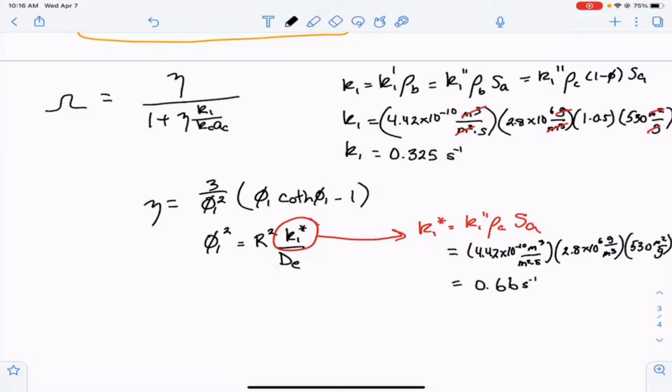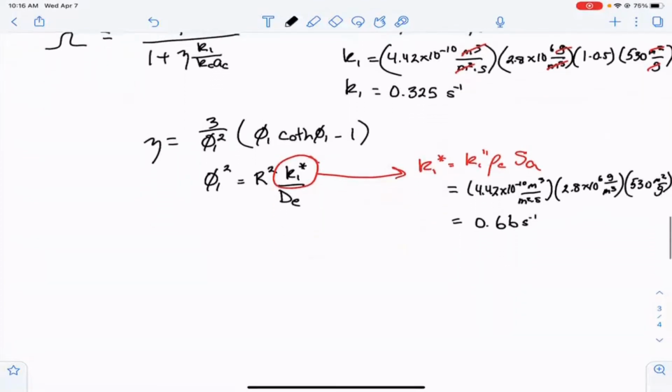All right, so now we can actually go about the business of calculating the Thiele modulus, okay? So then that squared equals, if we look at the radius of the pellet, well, we're told the diameter, so we can actually just convert that into the radius, and that's just 3 times 10 to the minus 3 meters, right?